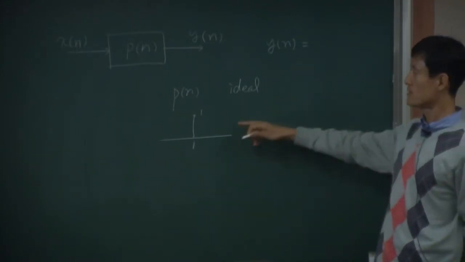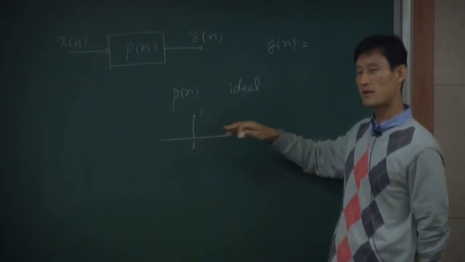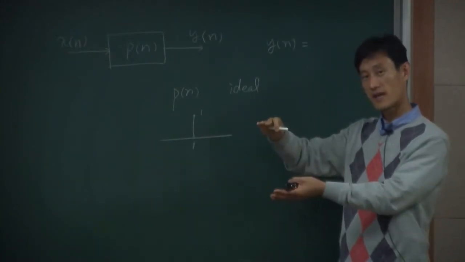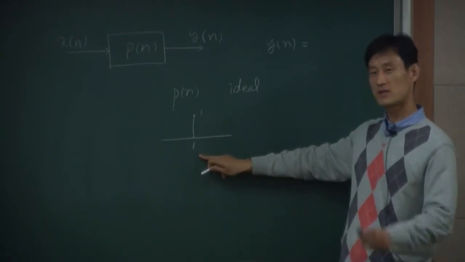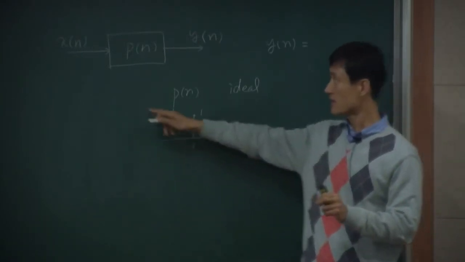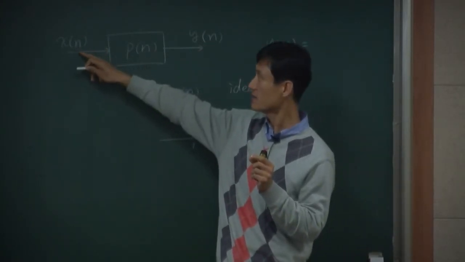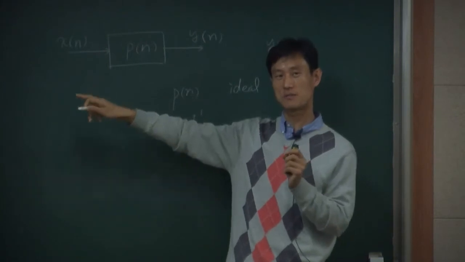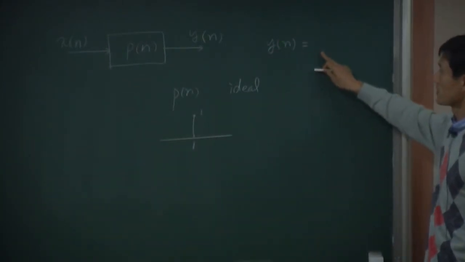Simply speaking, think of a simple way. This is an impulse response of this one. No amplification. The amplitude is still the same because it's 1, but we only have a delay, and delay is 1. And what I'm drawing is a digital signal, so it's n, not a continuous time t. So what is going to be the output?